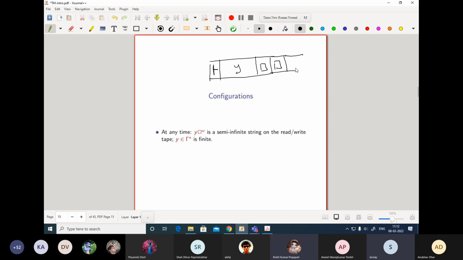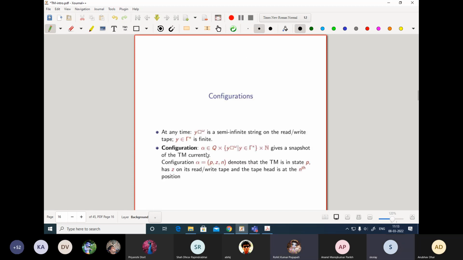You can think of the tape initially containing only blank symbols, and then you rewrite with some non-trivial symbols however the Turing machine wants. So at any point of time, there will be a finite portion that comes from gamma star, and the rest of it can be thought of as having blank symbols.